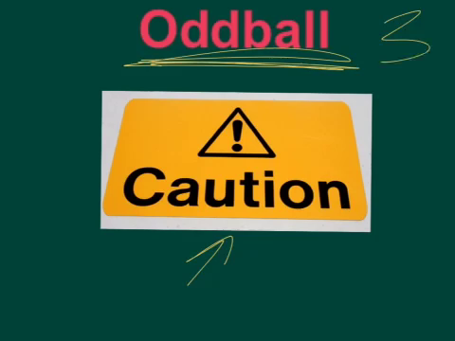And an oddball word will have what looks like the prefix re or un at the beginning of it. But actually, that is not the prefix. It is not modifying the meaning of the word. Okay? And you just have to recognize what those words are. So like I said, they'll look like they're having the prefix re or un at the beginning, but they really don't. It just happens to be that the word is spelled that way. So make sure you pay close attention.